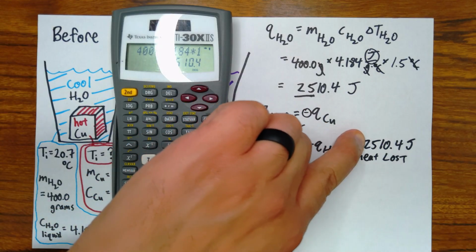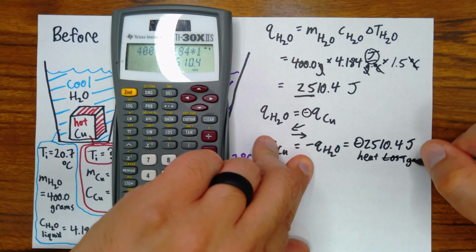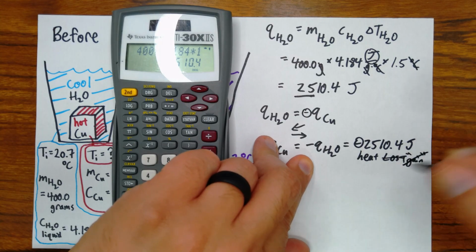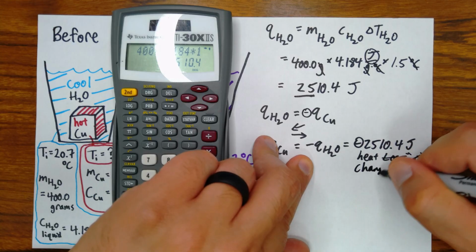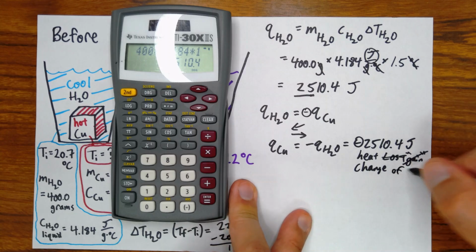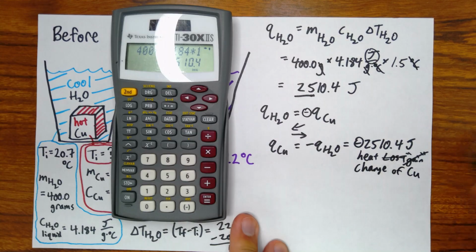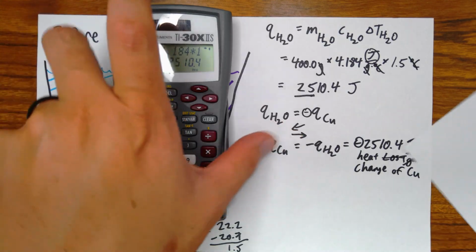You say the positive number is heat lost. So this is the heat gain. I don't like that word. Heat change. Let's use the word heat change. But the copper lost 2,510.4. That's why we have a negative number. Heat change of copper. Okay. So we're getting a little bit closer. Let's go to a new sheet.